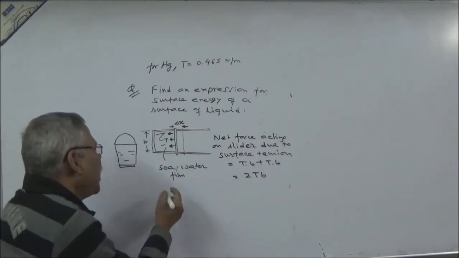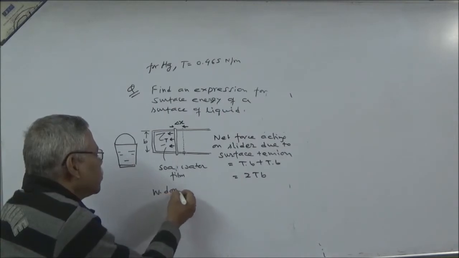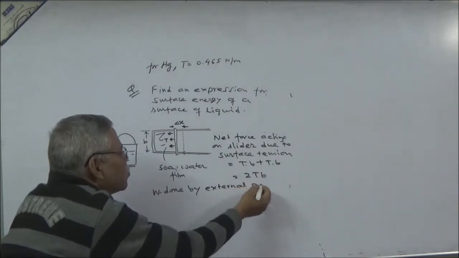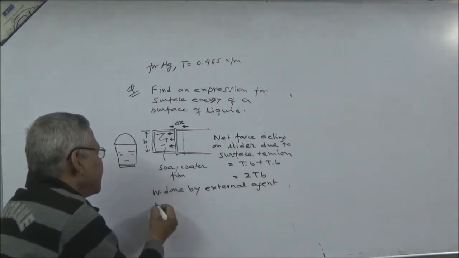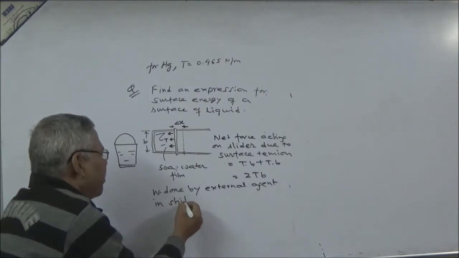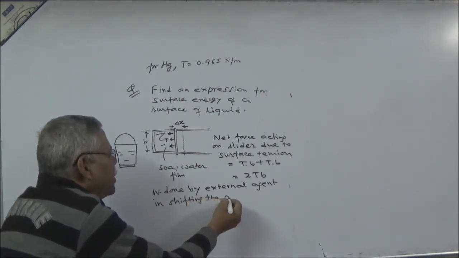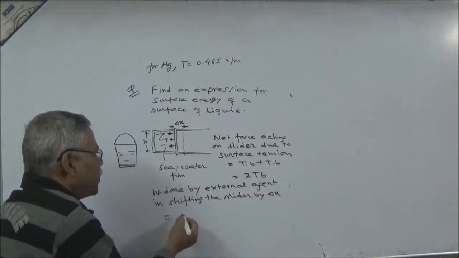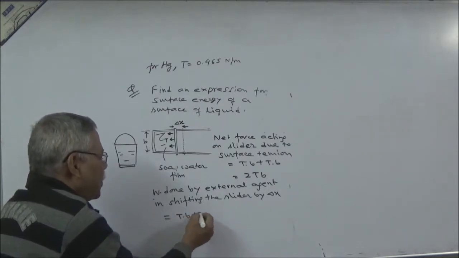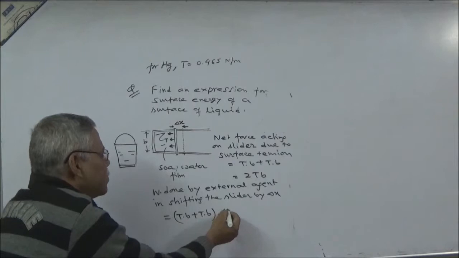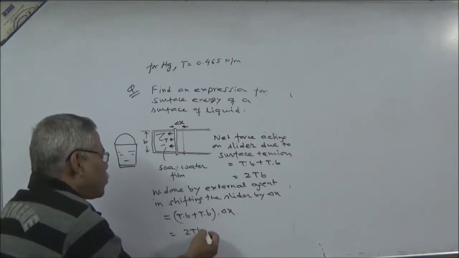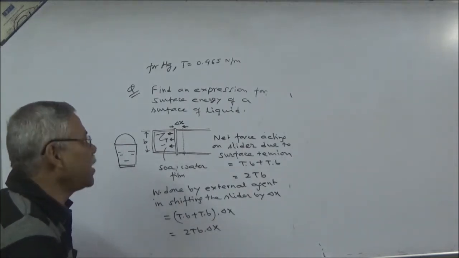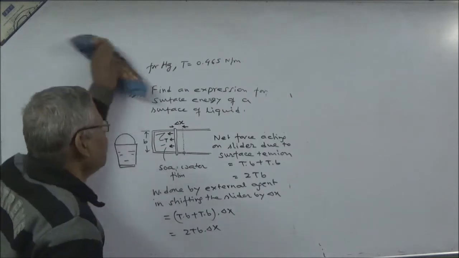So work done by external agent in shifting the slider by del x equal to T into B plus T into B into del x, equal to 2TB into del x.